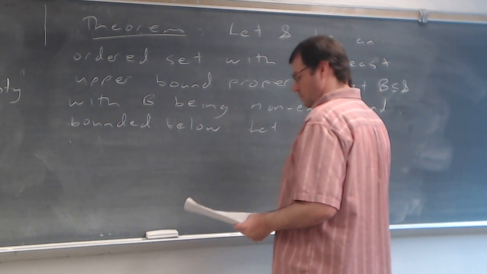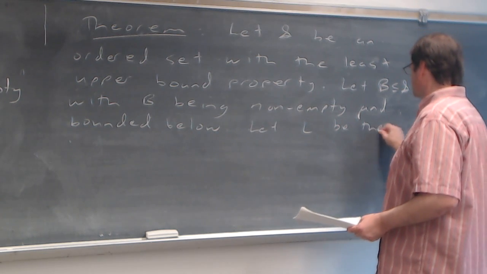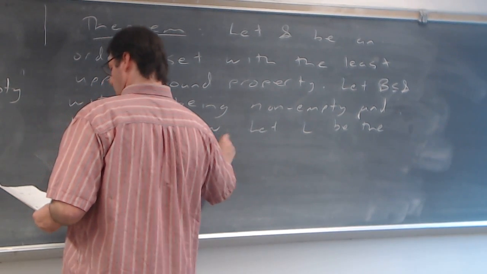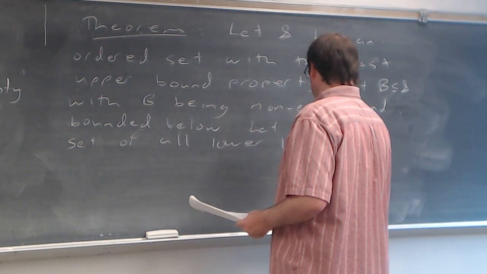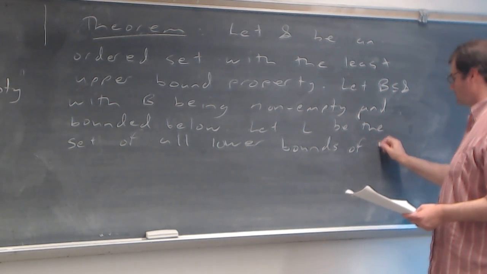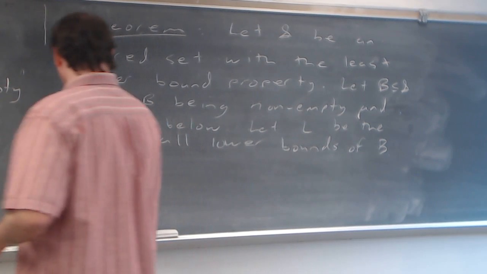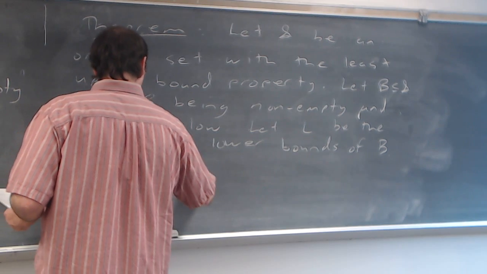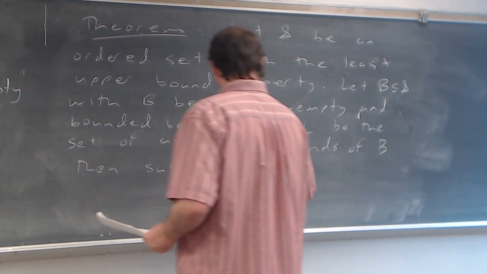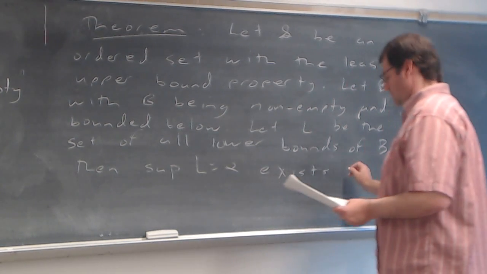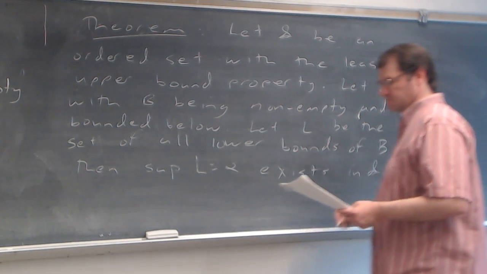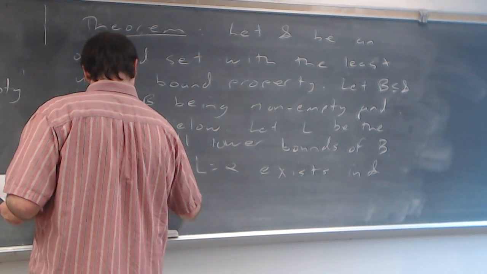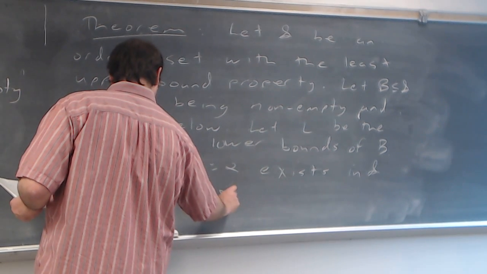Let L be the set of all lower bounds of B. Then the sup of L, which we call alpha, exists, and the infimum of B is alpha.